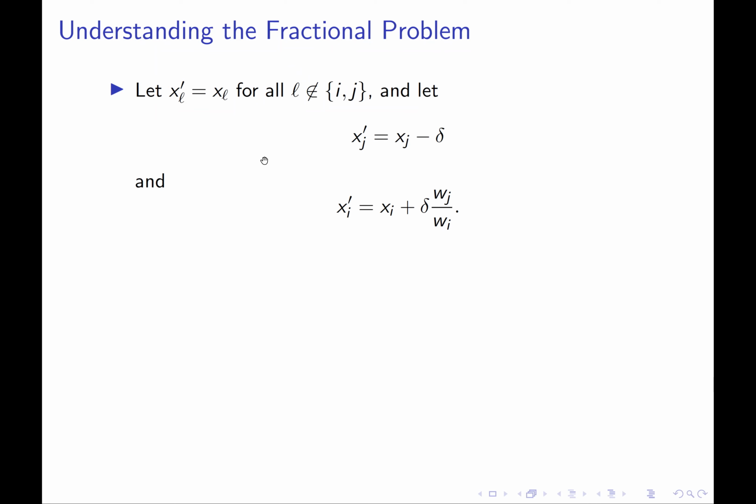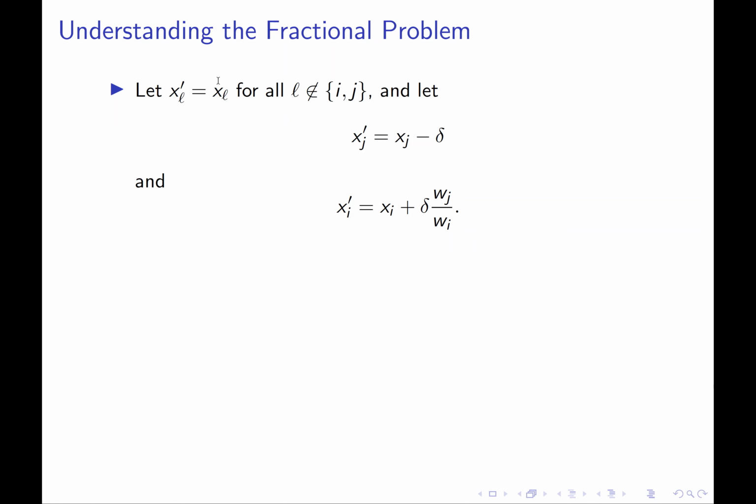All of the action in our surgery is going to happen between the allocations of bidder i and bidder j. Basically, we're going to try to shift some mass from j over to i. And so for every bidder l other than i and j, x prime is going to look exactly like x.